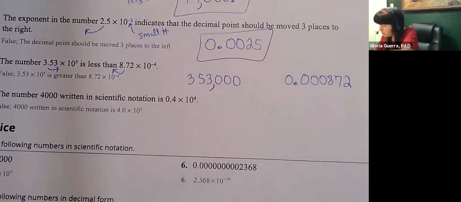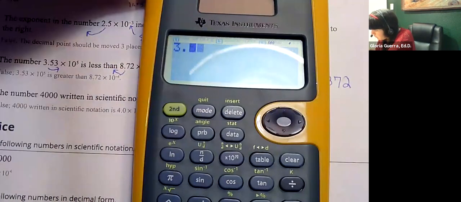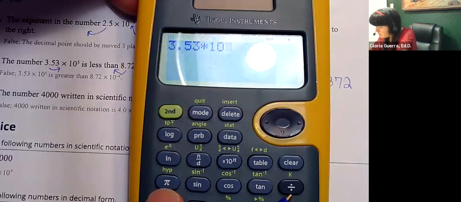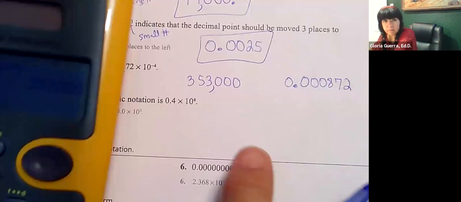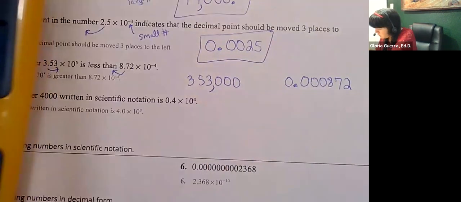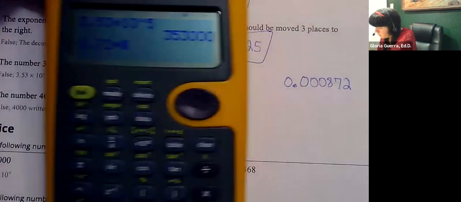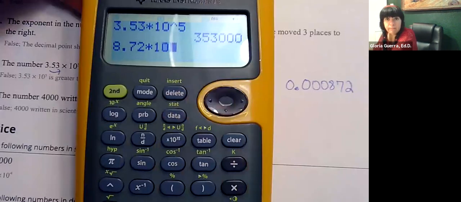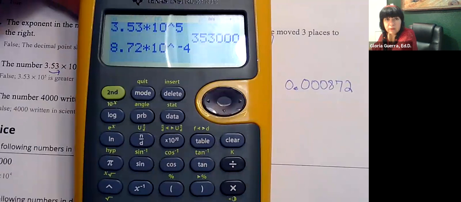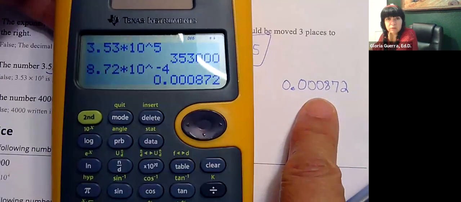If I check these on the calculator, 3.53 times 10 raised to the 5th. Looks good. Okay, the other one, 8.72 times 10 raised to the negative 4th. Yep, looks good. See that? So you can freeze that if you want, but that looks good.